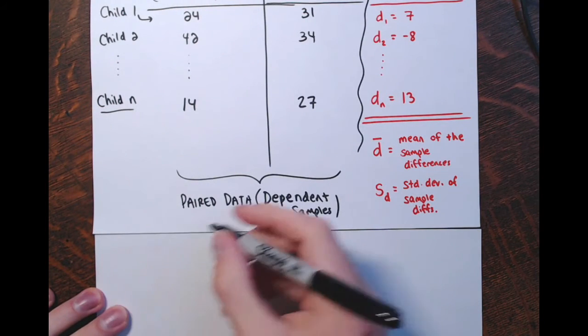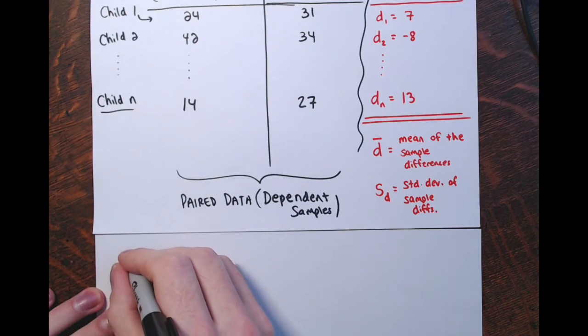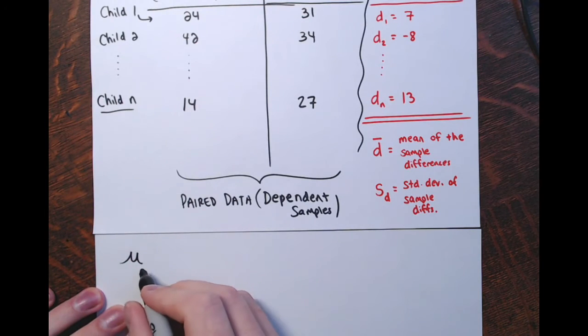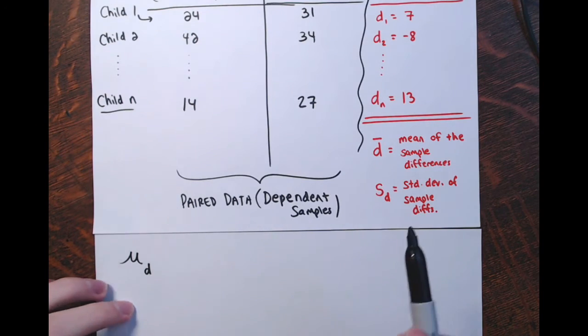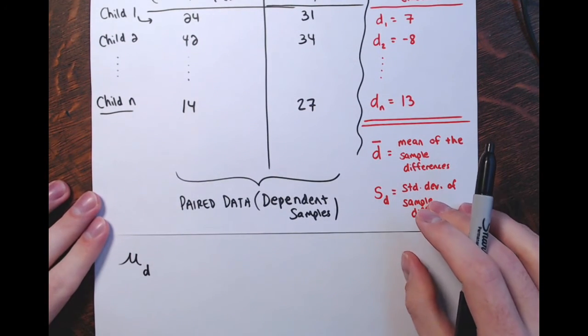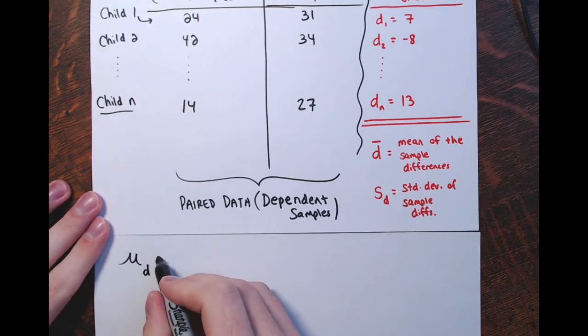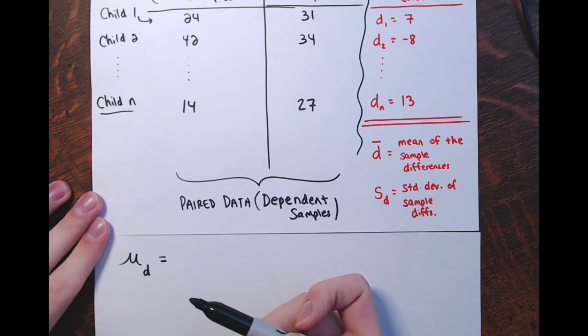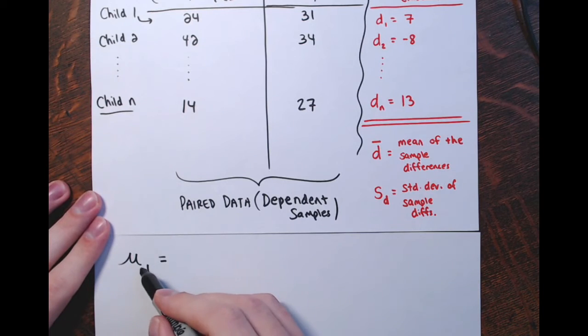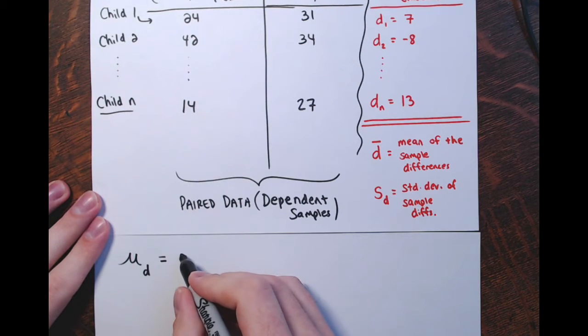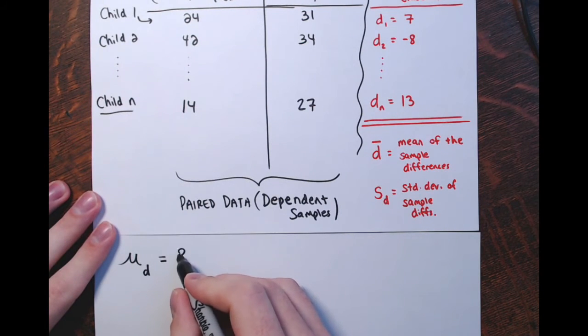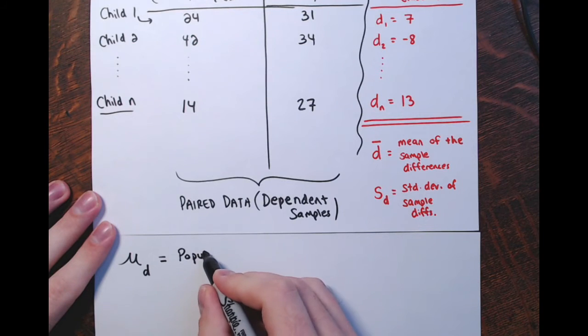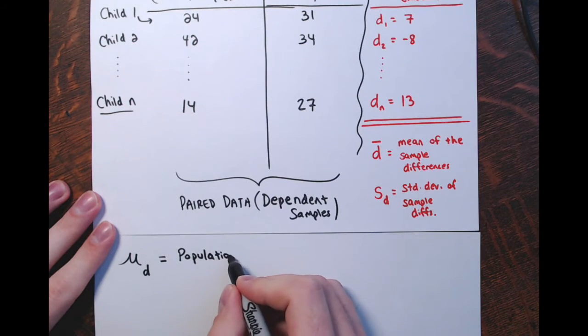Well, then we'd look at the average mu of the differences for all kids. That's what we're going to hypothesize about. So you're going to see this mu sub d a lot. This is the population mean difference.